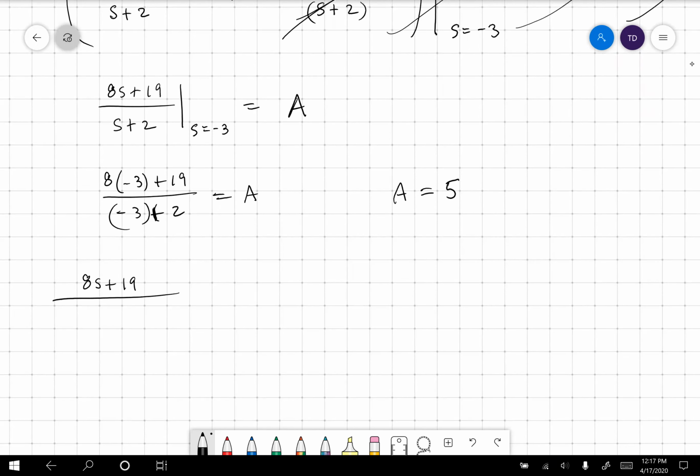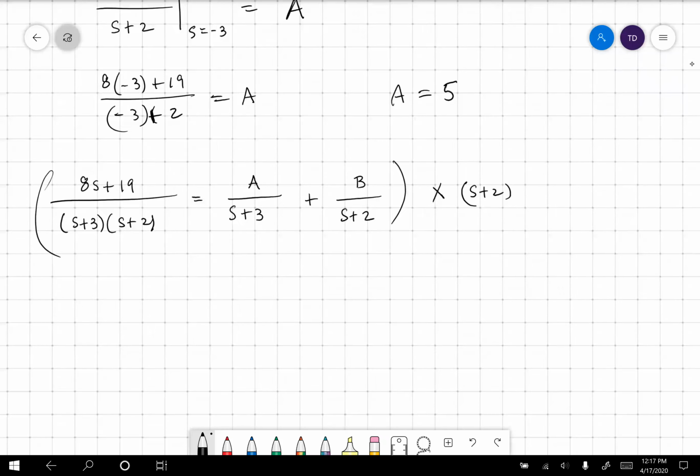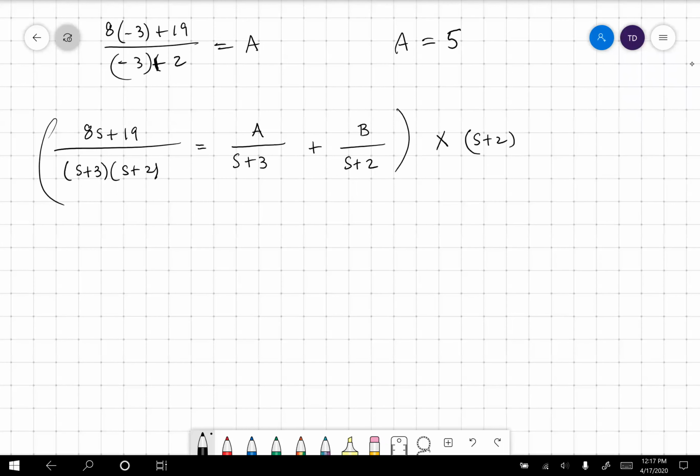I'm going to step through the entire thing so you see it again. (8s plus 19) over (s plus 3)(s plus 2) equals A over s plus 3 plus B over s plus 2. And I'm going to multiply both sides times s plus 2. So to solve for B, I multiply through by B's denominator. I think you can see what's going to happen.